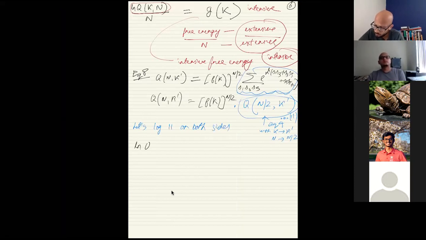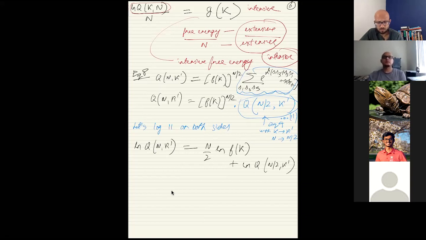Then ln q of n comma k prime is equal to n by 2 ln of f of k plus ln of q of n by 2 comma k prime. Okay, now if I divide both sides by n, I get 1 by n ln of q n comma k prime.